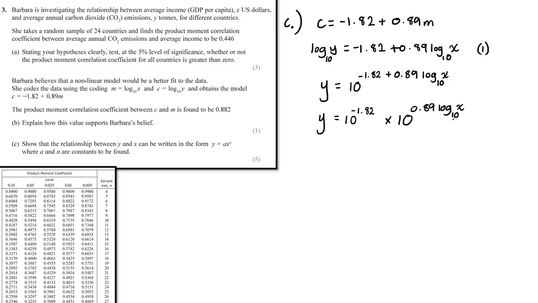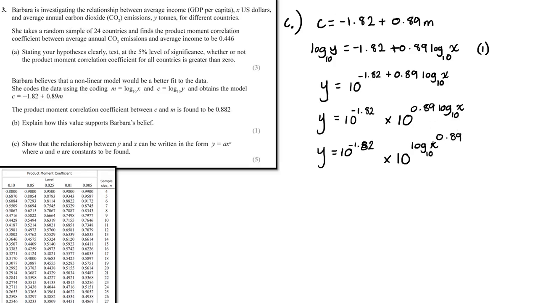This is just rules of logarithms and indices. Using the power rule, we can take that 0.89 up, so y equals 10 to the minus 1.82 times 10 to the log x base 10, all to the power of 0.89.